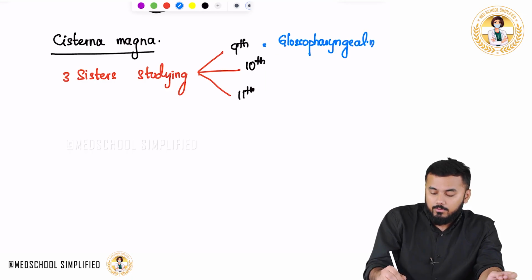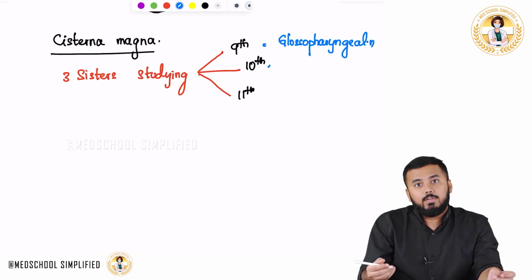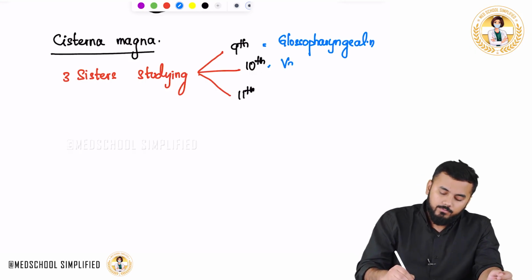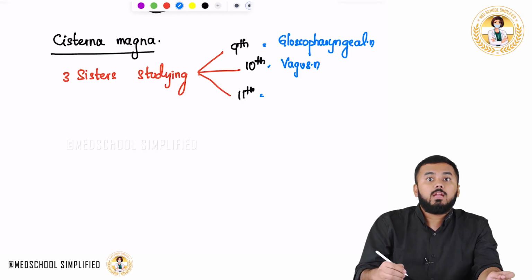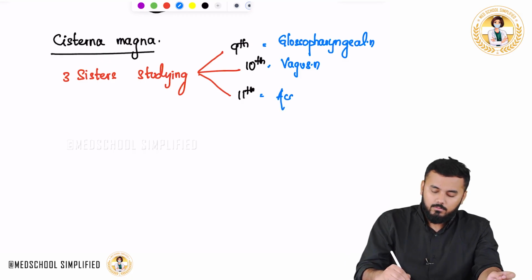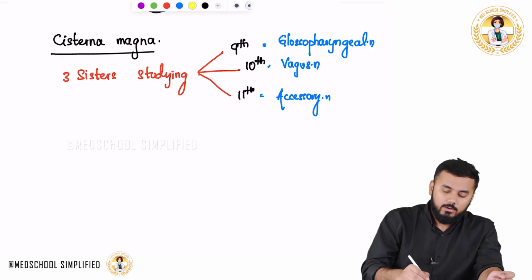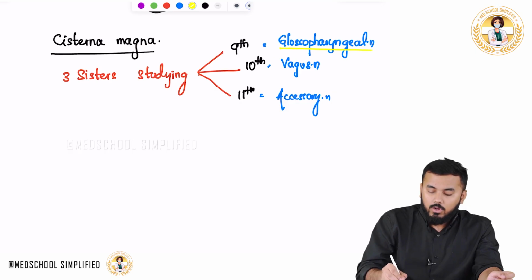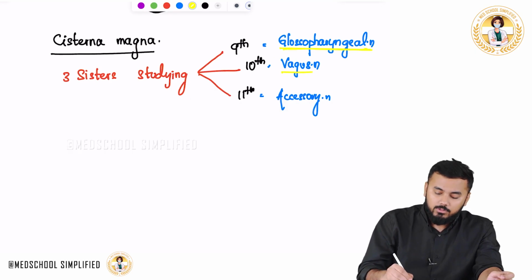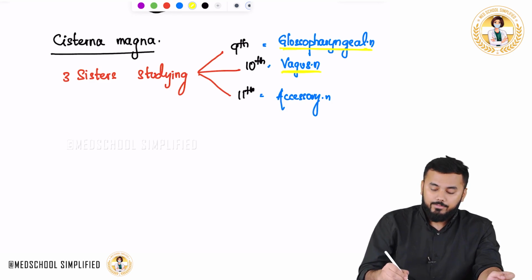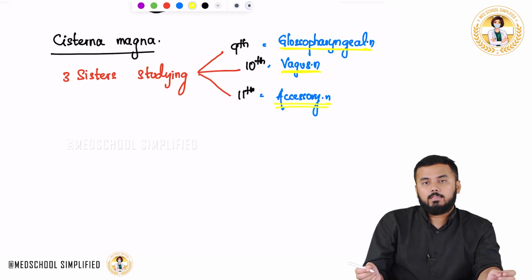And the 10th nerve is the vagus nerve, and finally the 11th nerve is the accessory nerve. So we have three important nerves here: the glossopharyngeal nerve, the vagus nerve, and the accessory nerve.